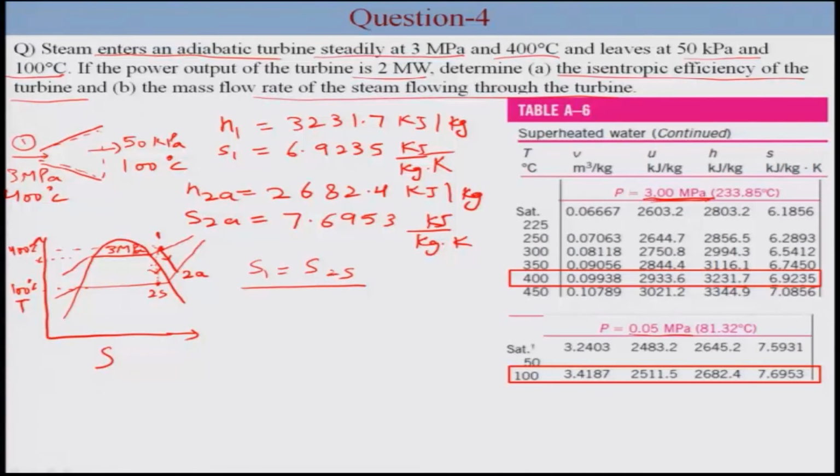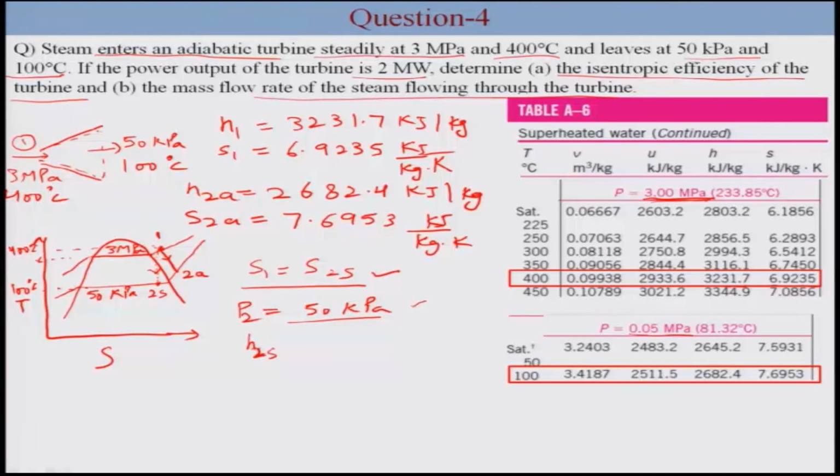To calculate the properties at point 2S, we know that the pressure is 50 kilopascal and S1 is equal to S2S. So, at point 2S the pressure is 50 kilopascal and the entropy is equal to S1. For getting enthalpy at point 2S, H2S, we know pressure and entropy.